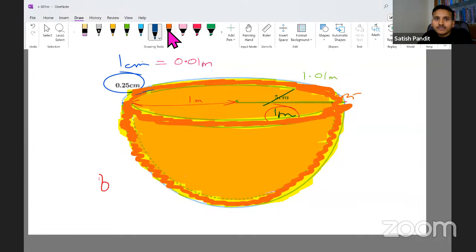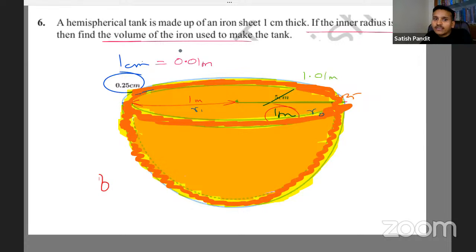Volume of iron. See, let me take the outer radius to be R naught, and the inner radius to be Ri, okay?